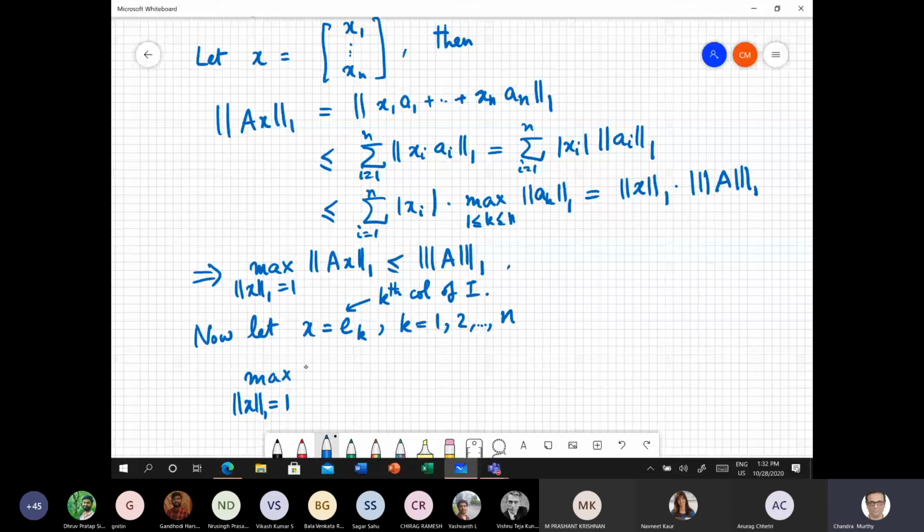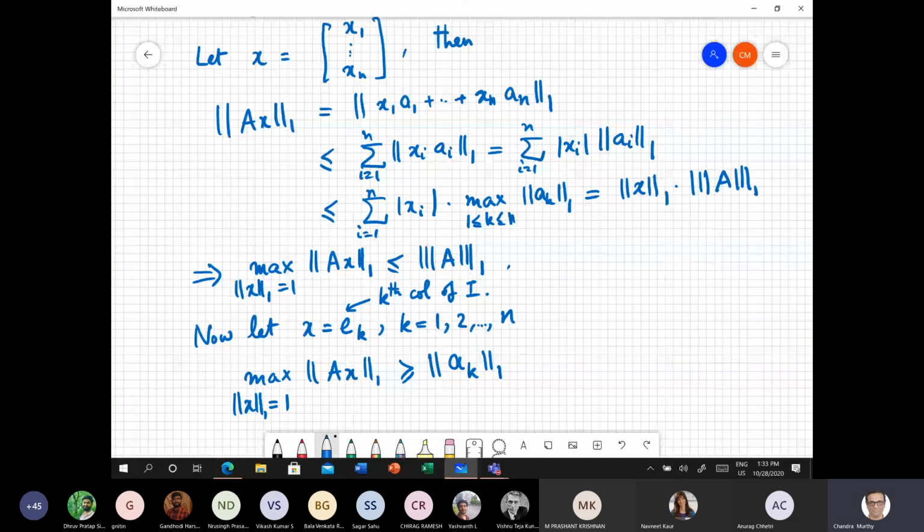If I take e1, that satisfies L1 norm of e1 equals 1, and that will give me the L1 norm of the first column of A. In general if I take the kth column, then it will be the L1 norm of ak. So this is also true.